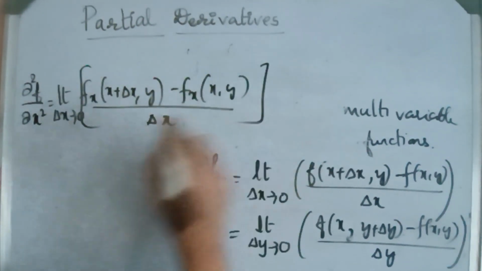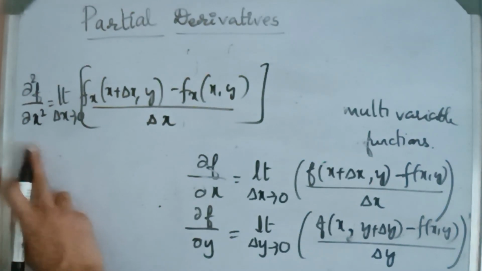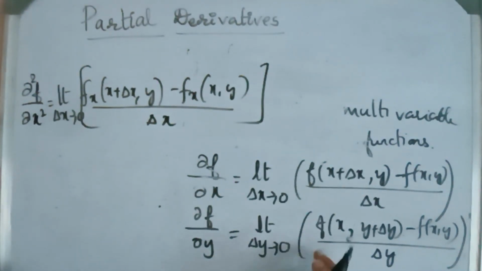Similarly, you can write dou square f by dou y square as the limit as delta y tends to 0 of fy of x comma y plus delta y minus fy of x comma y divided by delta y.